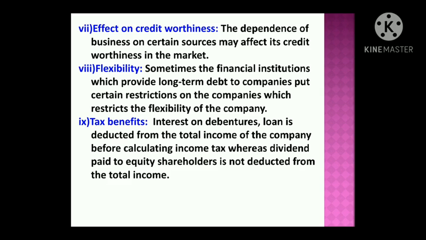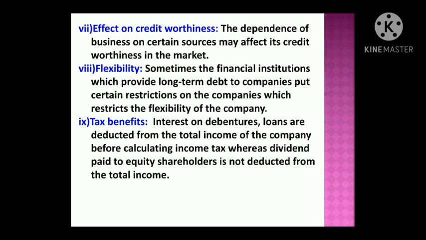And the next factor is flexibility. Sometimes the financial institutions which provide long-term debt to companies put certain restrictions on the companies, which restrict the flexibility of the company. So, if other options are easily available, then firms don't prefer loans from financial institutions and banks which put restrictions. And the last factor is tax benefit.